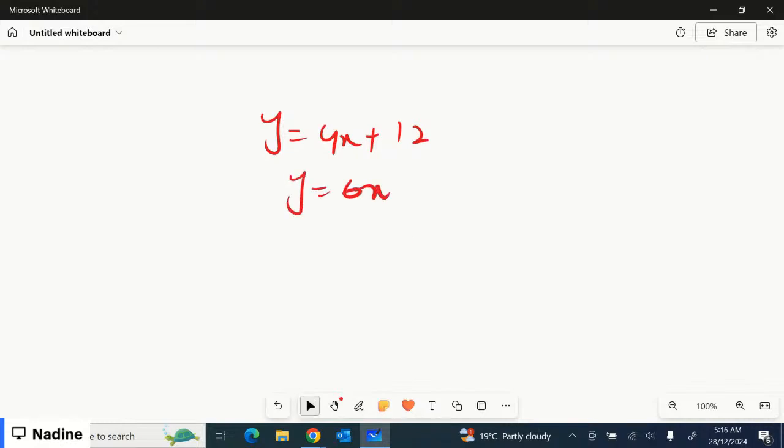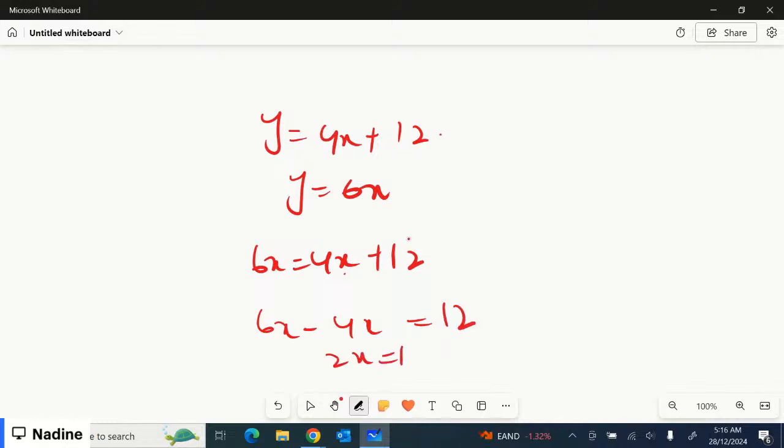Variable y is already isolated, right? So replace y in equation number 1 with its value: 6x equals 4x plus 12. Move 4x to the other side: 6x minus 4x equals 12, so 2x equals 12 and x equals 6.